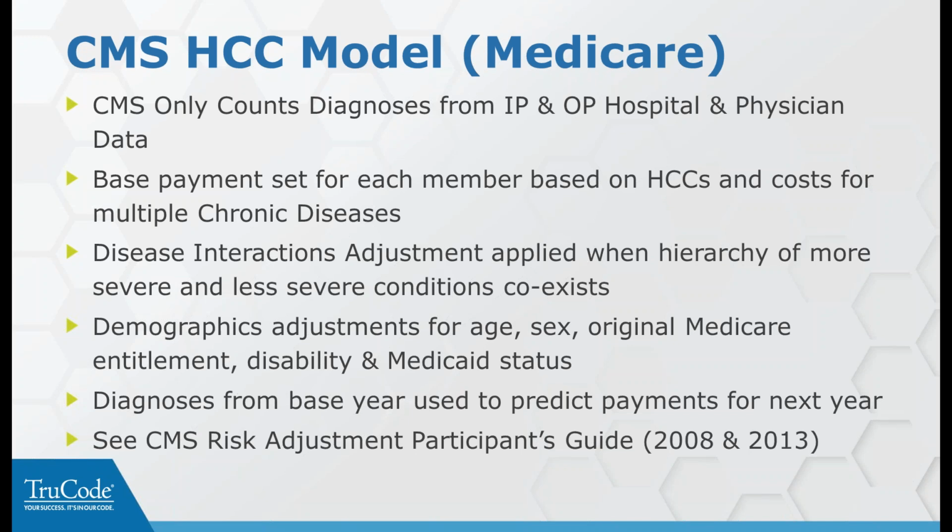The diagnoses from the base year are used to predict payments for the upcoming year. There is a participant guide developed by CMS. There are two out there, one dated 2008 and one dated 2013, that have a great deal of information if you are interested in looking further into that.